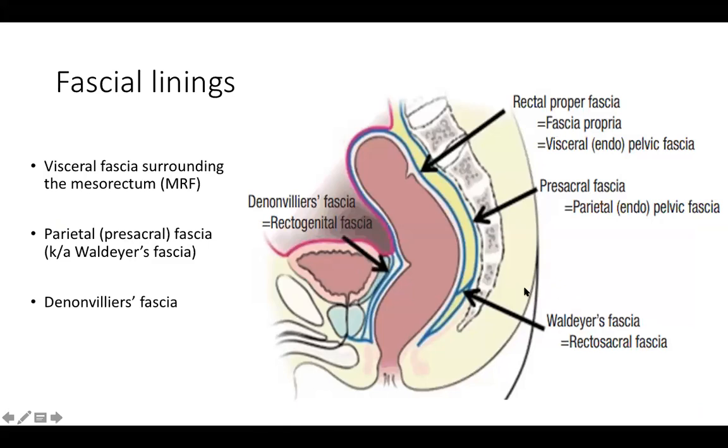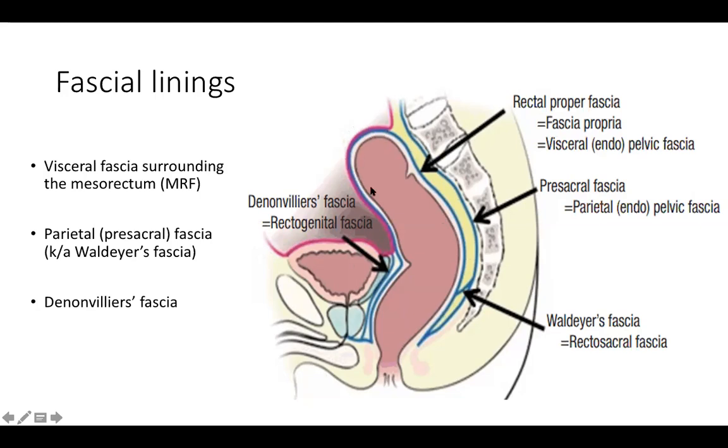So like we discussed the mesorectum, we have to understand what happens to the facial linings when we are trying to do this. Like we said, the sacrum or the pelvic cavity is lined by a fascia. So this forms the presacral fascia. Ahead of that would be the visceral fascia of the rectum, so that would be the rectal fascia. And this is the plane that we are talking about for resection.